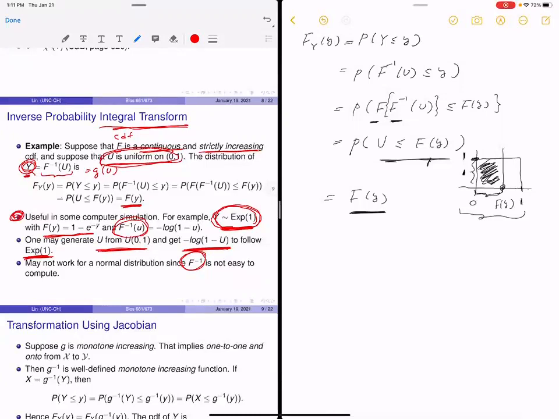Again, the whole derivation tells you, as long as you generate uniform 0, 1 and you know the F inverse function, then you can get random numbers of normal 0, 1, for example. But the point is, is the F inverse function of normal 0, 1 easy to derive? The answer is no. In terms of the capital phi function, I have told you that we don't have a closed form for the phi function already.